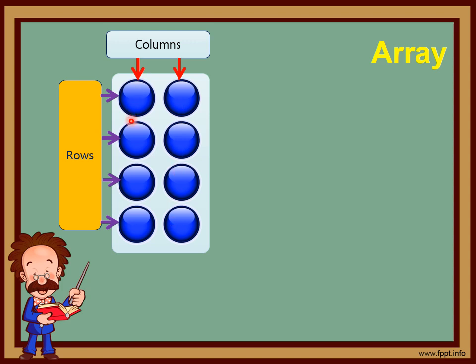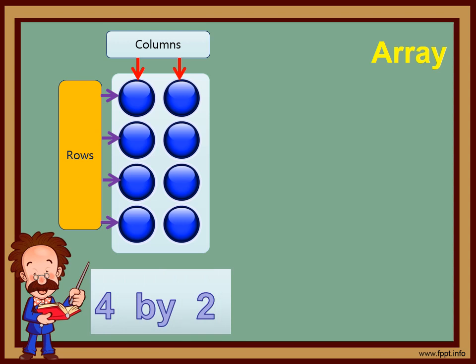We have two columns. So how many rows? We said, you remember? Yes, four rows. How many columns? Yes, two columns. So this is an array of 4 by 2. This is a 4 by 2 array: 4 rows and 2 columns.